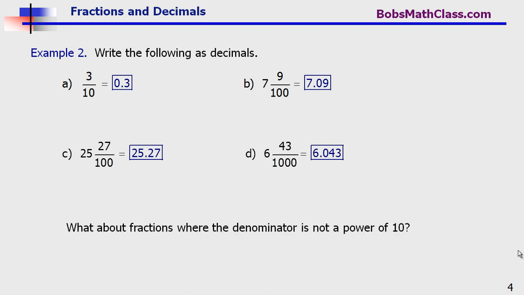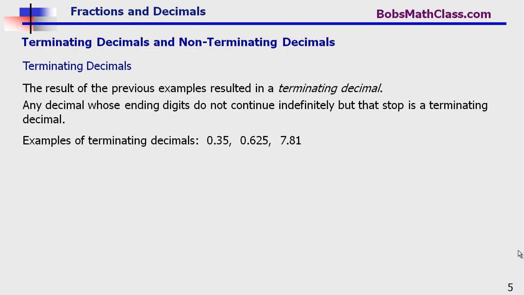Okay, so now let's talk about fractions where the denominator is not a power of 10. First, we'll talk about terminating decimals and non-terminating decimals. A terminating decimal is any decimal whose ending digits do not continue indefinitely, but stop.